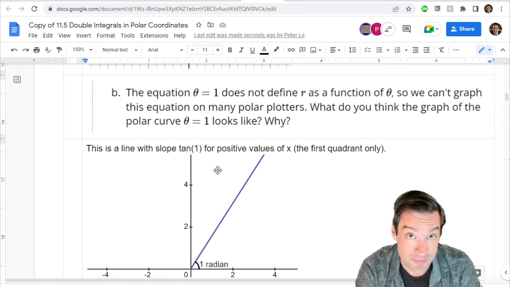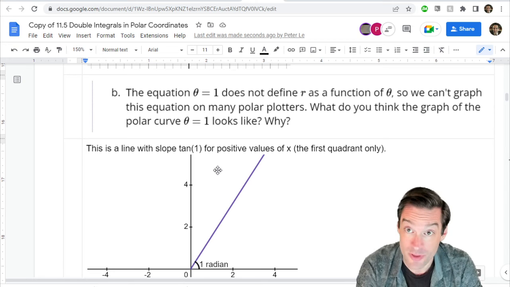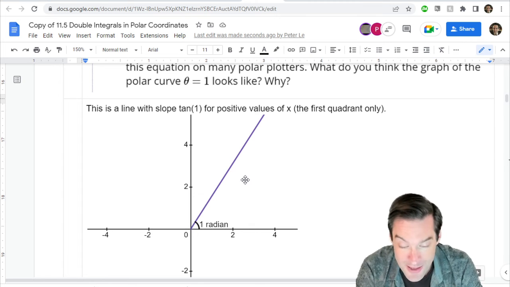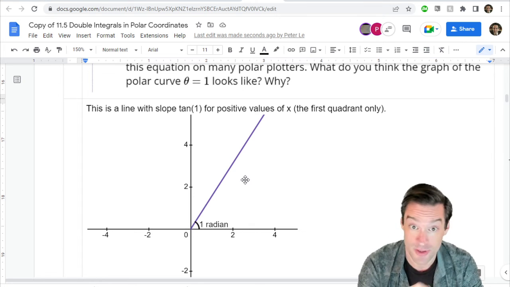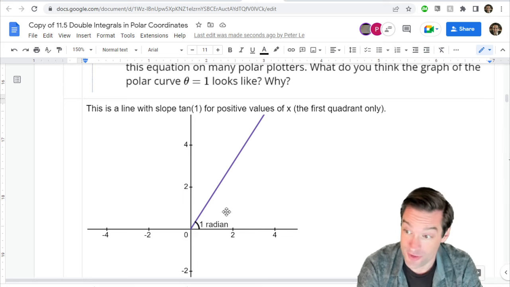Theta equals 1, meanwhile, is going to describe all of the points that make an angle of 1 radian with the positive x-axis, measured counterclockwise. So it gives me a line, actually it gives me a ray starting from the origin and going out to infinity, and that ray makes an angle of 1 radian with the positive x-axis.